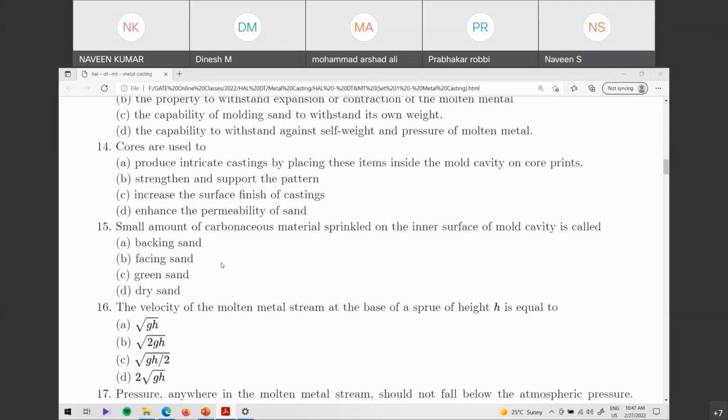15th one. Okay, try this. A, you're saying A is a guess. Any other? So they're saying a small amount of carbonious material sprinkled on the inner surface of mold cavity is called. Any guess, guys? Okay, I'll tell you what is backing sand. Somebody is saying dry sand.